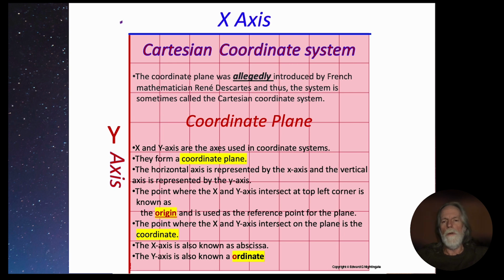The point where the two x and y axes intersect at the top left corner is known as the origin, and it is used as a reference point for the plane. The point where the x and y axes intersect on the plane is the coordinate.